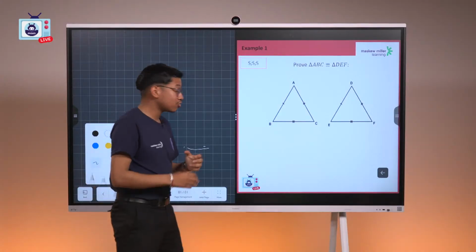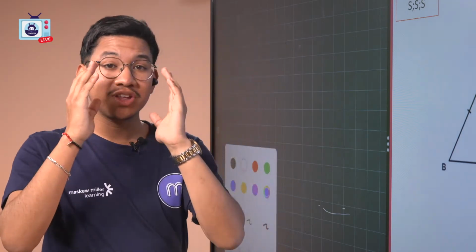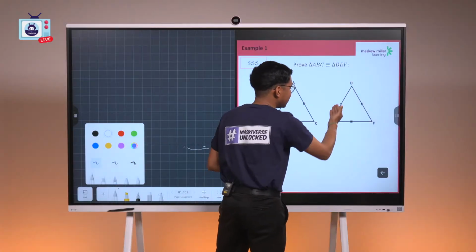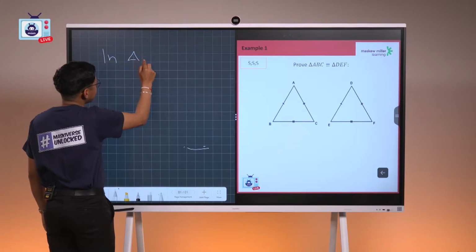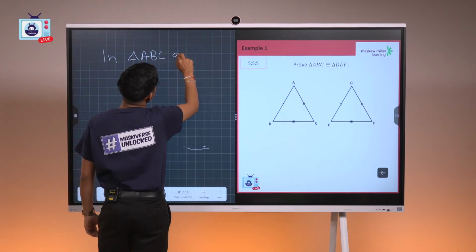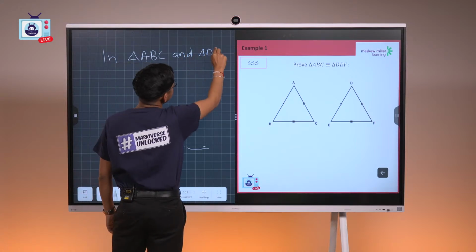I start by making reference to the triangles I'm working in. What are the names of them? Triangle ABC and triangle DEF. So I start by saying, in triangle ABC and triangle DEF.